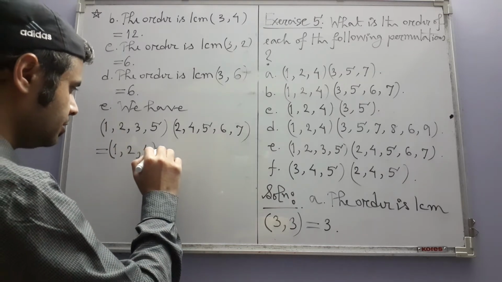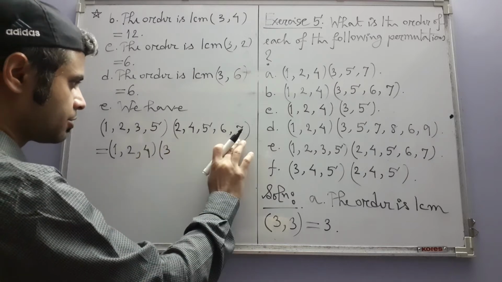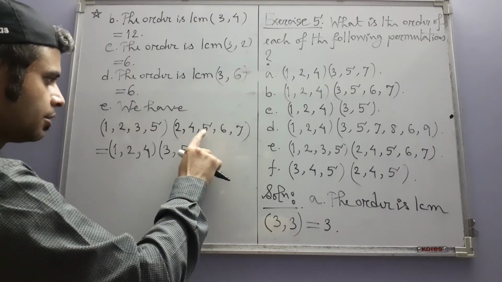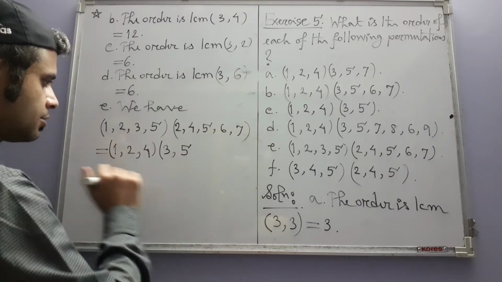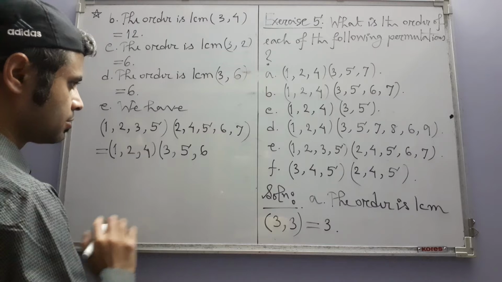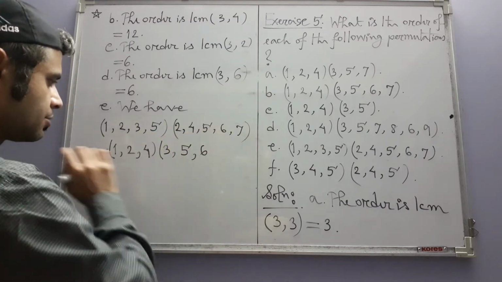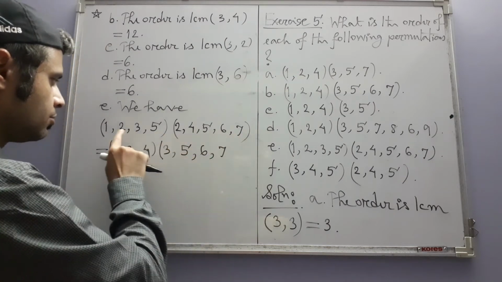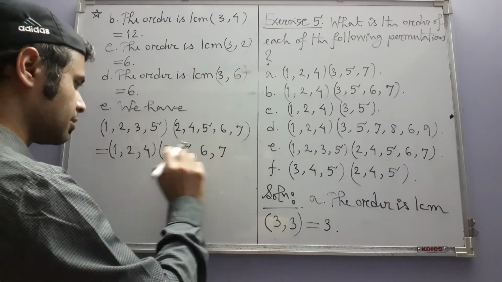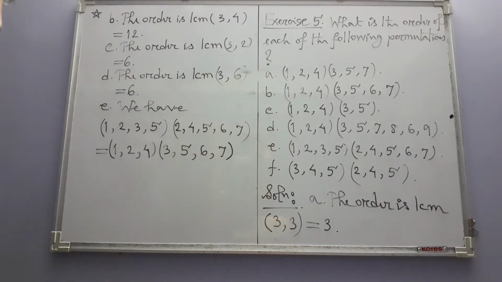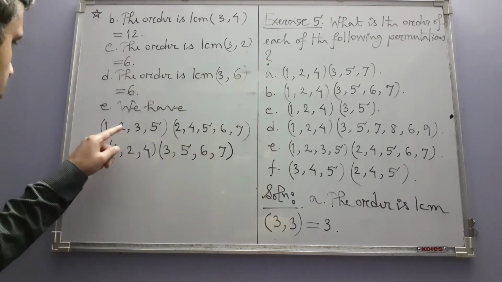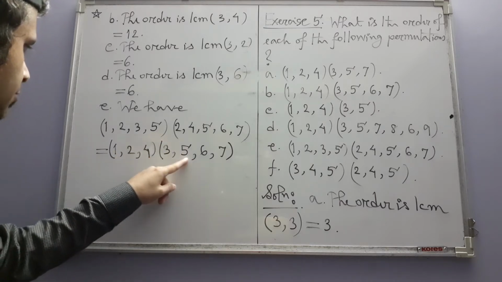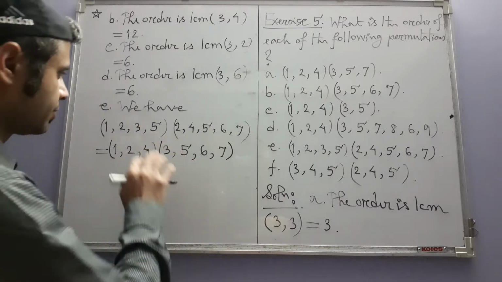Then let us take 3. 3 is not here, and this one sends 3 to 5. 5 to 6, 6 is not here, so 5 to 6. 6 to 7, 7 is not here, so 6 to 7. 7 to 2, 2 to 3, so 7 comes back to 3.